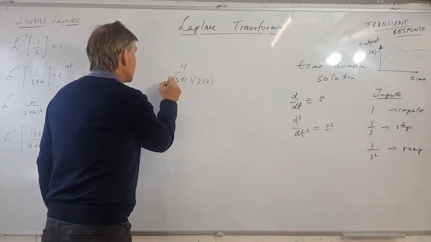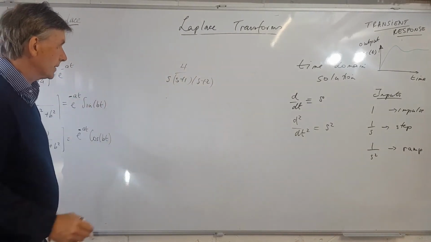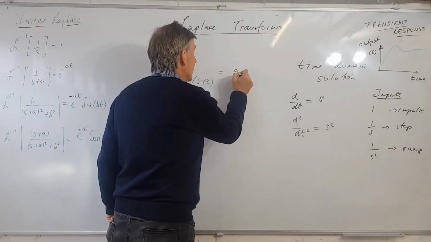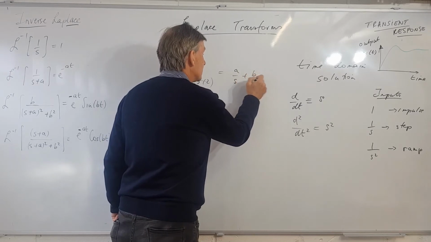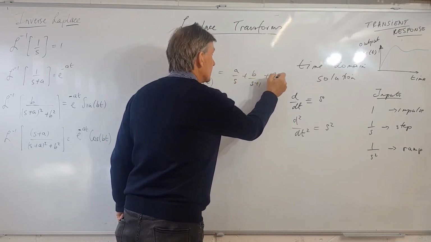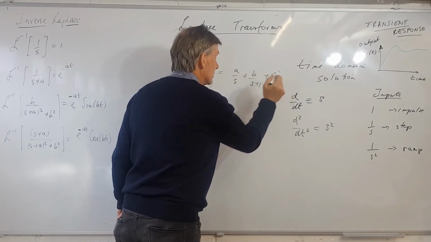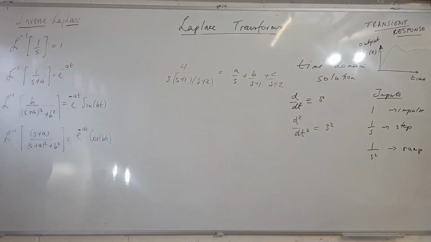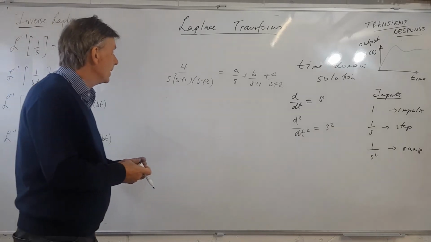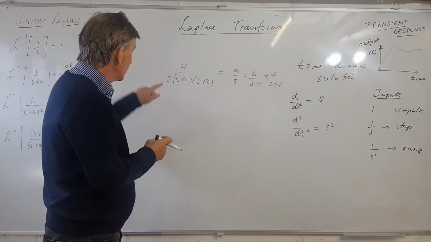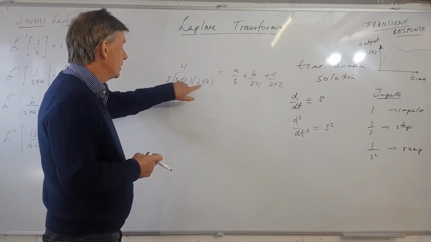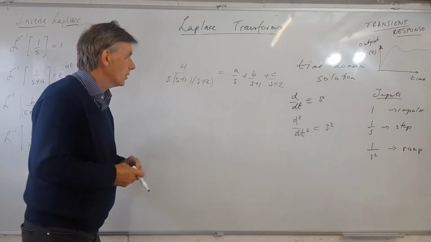So we get an s in there. And this now we can represent as a over s plus b over s plus 1 plus c over s plus 2. And our trick now is to work out a, b, c using partial fractions. So, s is 0, s is minus 1, s is minus 2 if you solve those equations.